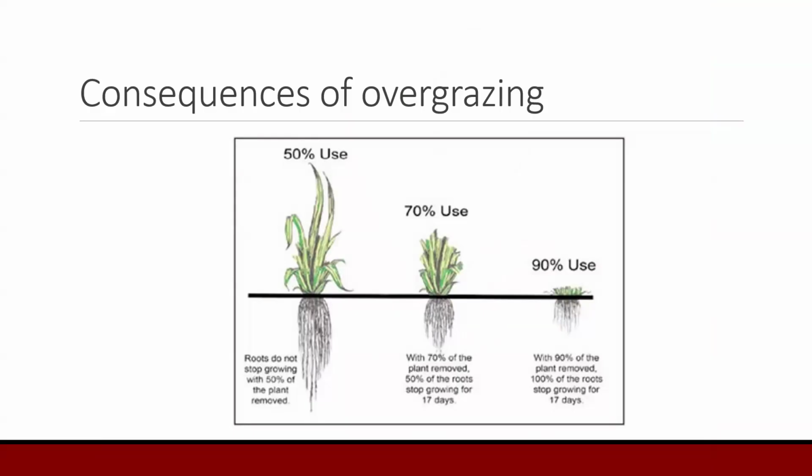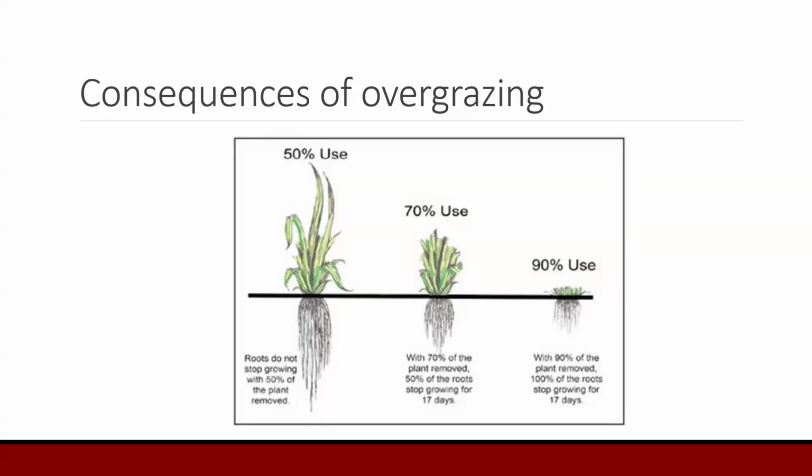If we can do that, then the roots of that plant never stop growing. If we start defoliating more than 50% of our grass species, okay, that plant doesn't have enough leaf area index to effectively utilize solar radiation to produce above ground forage mass to grow.